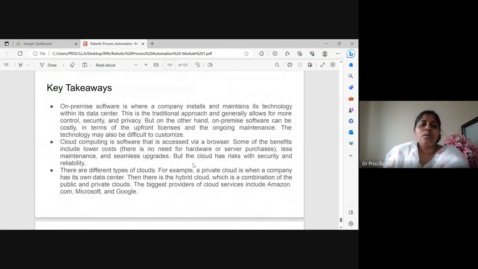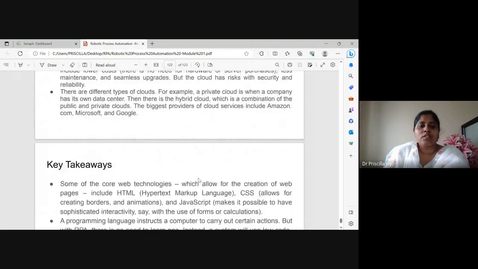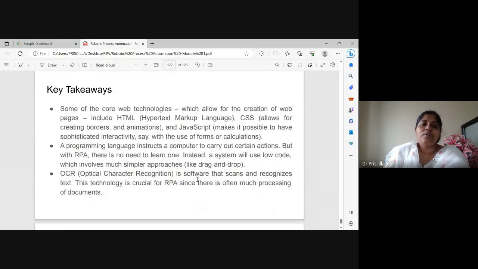So as a whole, we can see that we'll be using some cloud computing concepts too. For making the web technologies possible, we'll include HTML, JavaScript, and CSS.